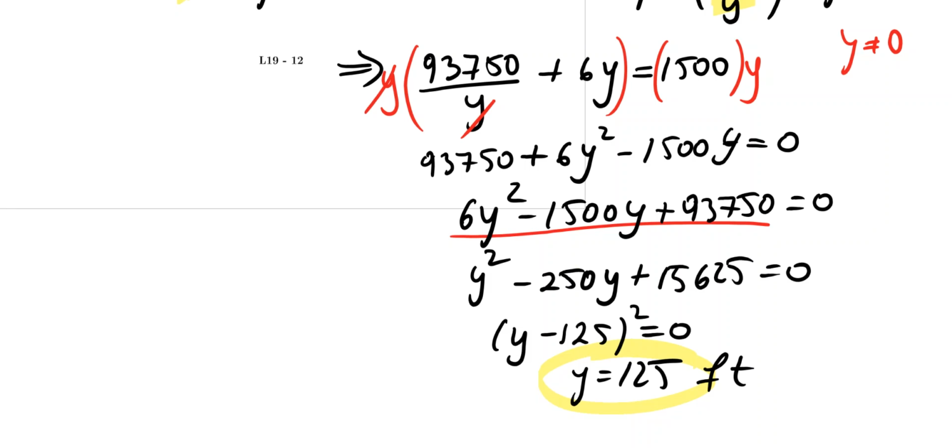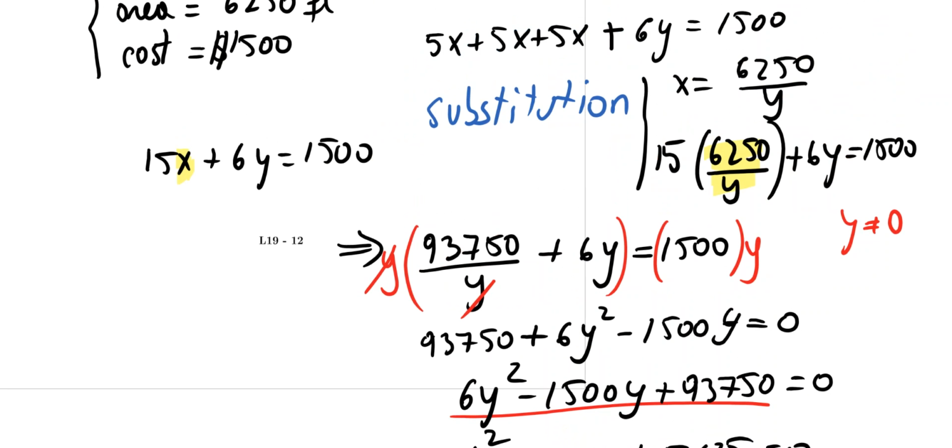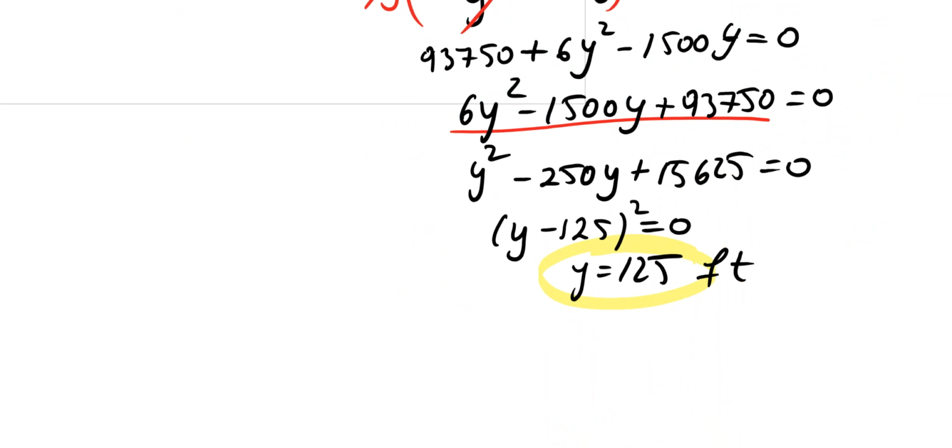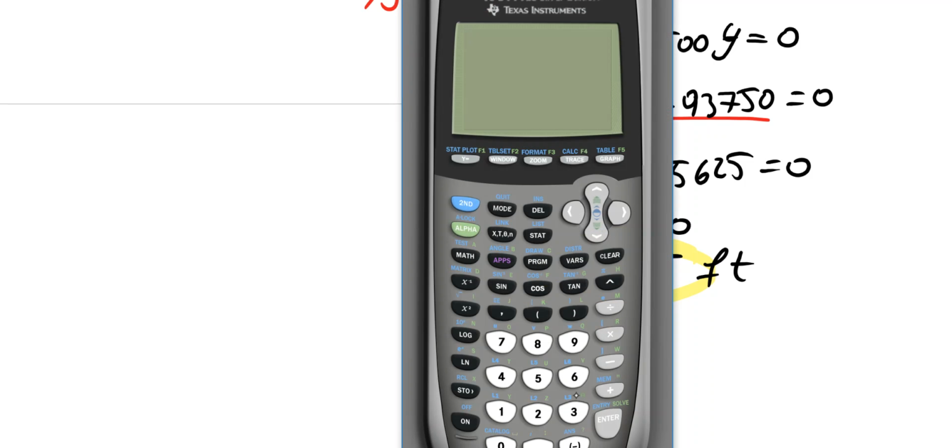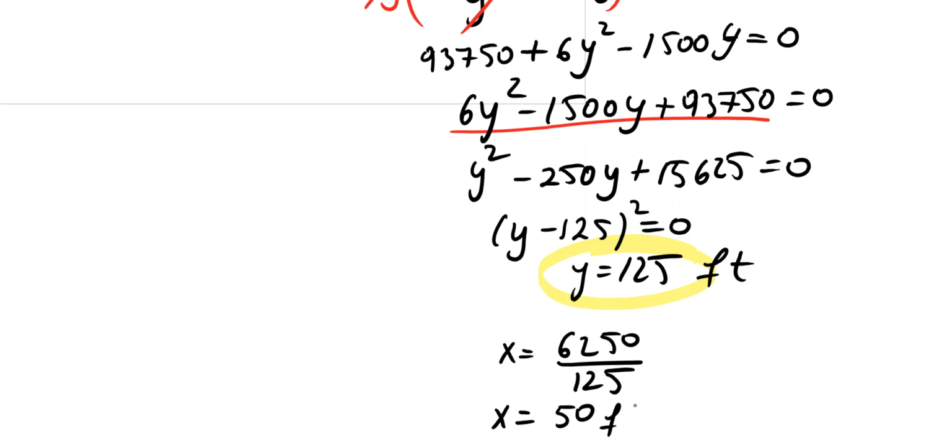And then going back to our substitution, this is the substitution. x equals 6250 over 125 gives us that x equals 50. Let's see, 6250 divided by 125, 50 feet.